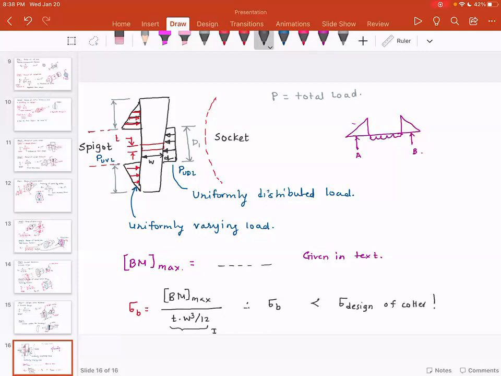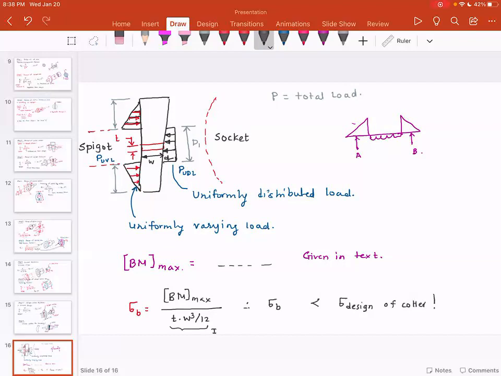And many a time you will realize that this condition may or may not be satisfied. If the condition is not satisfied, that is because we deliberately want the cotter to be weaker when the loading on the cotter joint exceeds the design stress.